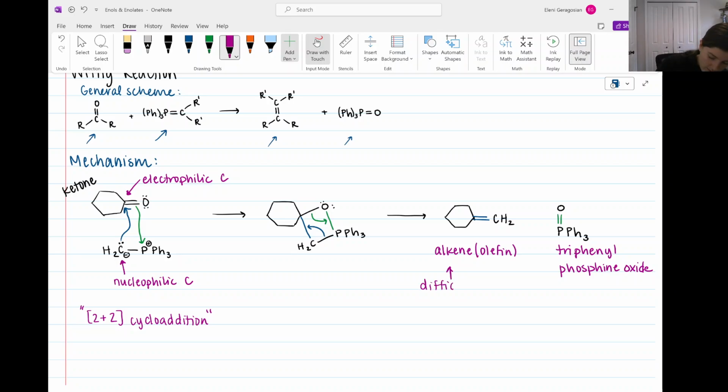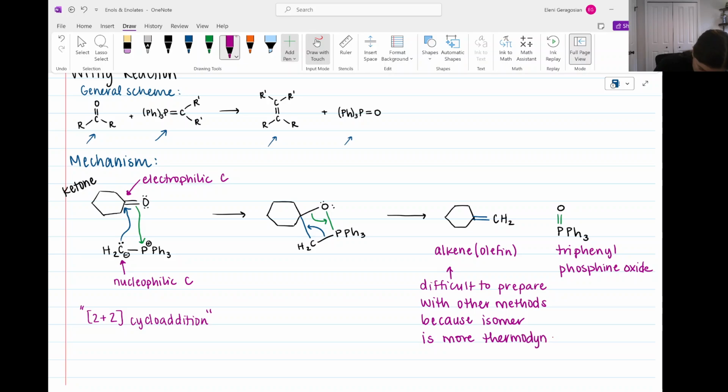Difficult. So this alkene is difficult to prepare with other methods.